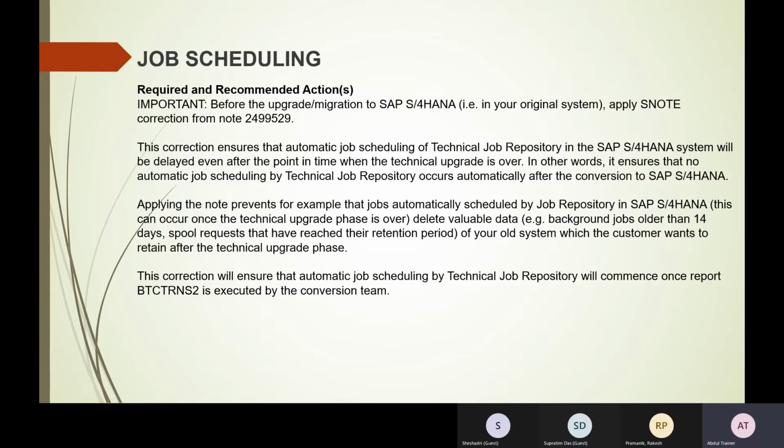Till then, all the jobs will be in a stopped or suspended state. So after the upgrade or migration, you have to release the jobs by running BTCTRNS2. Any questions here till now?